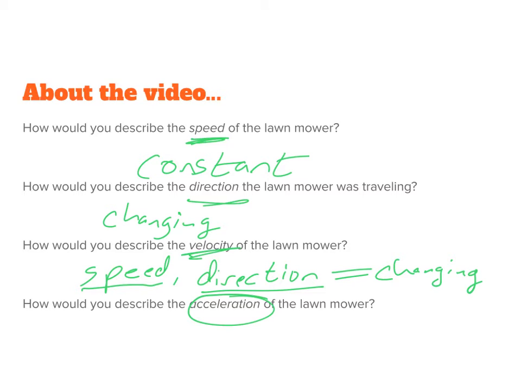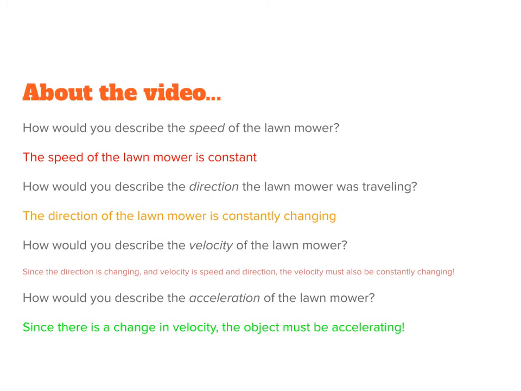The direction is constantly changing, which means the velocity is constantly changing, which means we actually have a constant acceleration. So looking back, we had a constant speed, the direction was constantly changing, and since velocity is speed and direction, the velocity is also constantly changing, which gives us a constant acceleration. So even though we're going at a constant speed, we have constant acceleration.